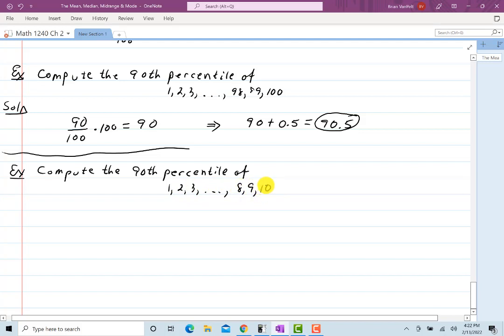So here we just have 10 numbers. First thing we should do is take 90 divided by 100 and multiply it by 10. And that will equal 9. And since it's a whole number, we add 0.5 to it. So 9 plus 0.5 equals 9.5.